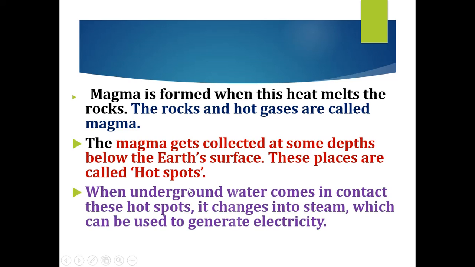Understood, children? Now, you know, under the earth there is water which is called underground water. When underground water comes in contact with these hot spots, it changes into steam. You know that when water boils, it gets converted into steam, into water vapor.